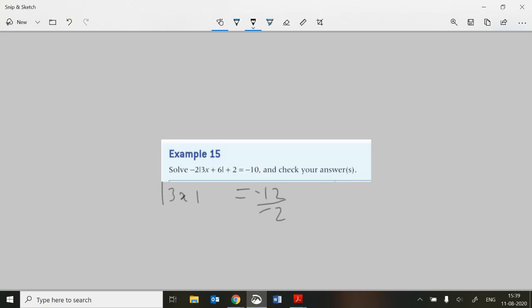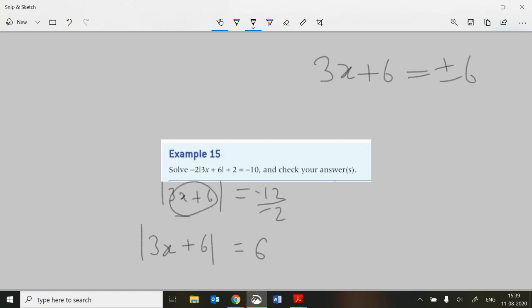Now we're left with this 3x plus 6 here. So we're saying that 3x plus 6, modulus of that, is equal to 6. Now, in the book, it then says, well, 3x plus 6 equals plus or minus 6, saying, well, the thing inside here could have been plus or minus 6, to get out the answer of 6. And of course, that does make sense, but that's slightly different to how we did the previous one.